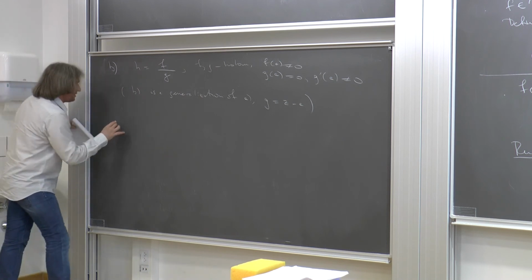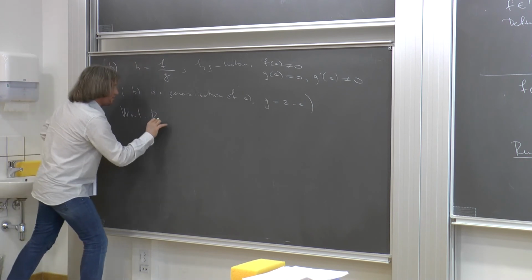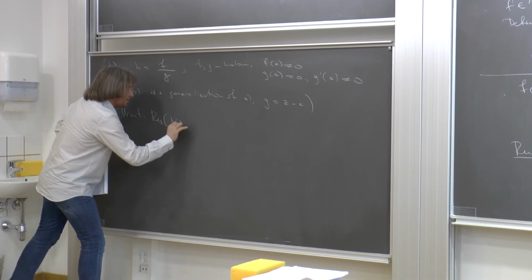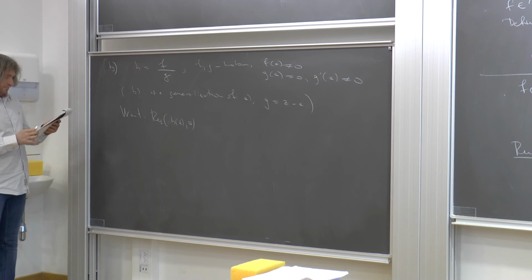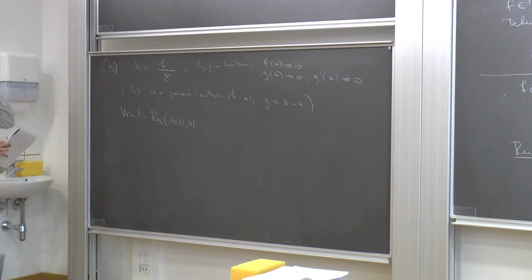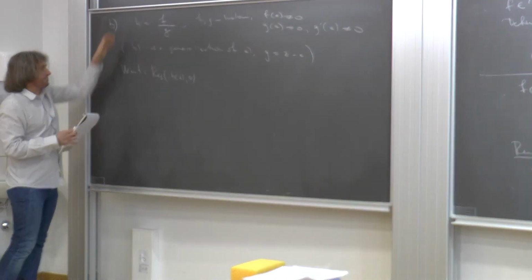We want to calculate the residue of h of z at a. You can write it in many ways, but just notice that it's a simple pole case.